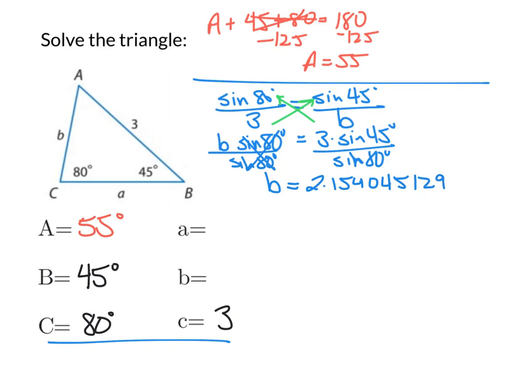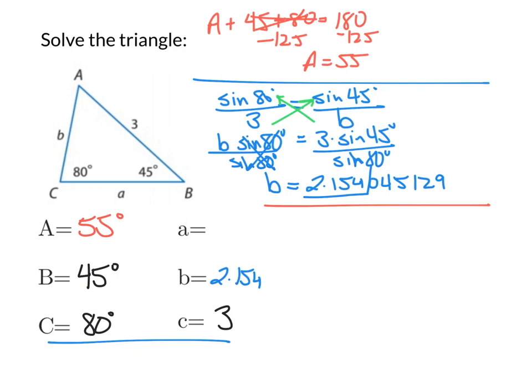Of course, this decimal continues to go on forever and ever. We don't want all of it. I'm going to want you to go 3 decimal places. You can either round or just cut it off as 2.154.